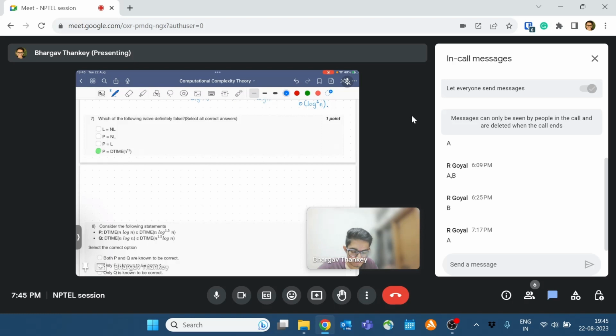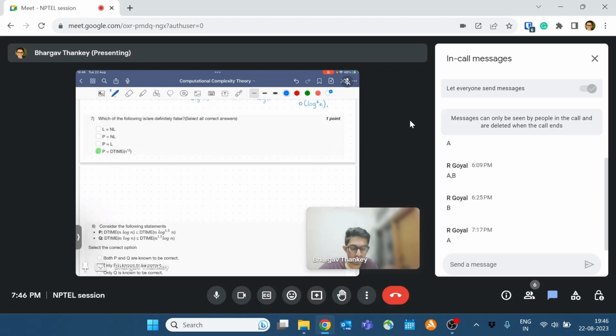But then this is false in the sense that it could either be the D time of simple n or D time of n square. Then why strictly make it equal to the D time of n raised to the power 12 only, and not of the other exponents of n? So therefore, this statement is false.